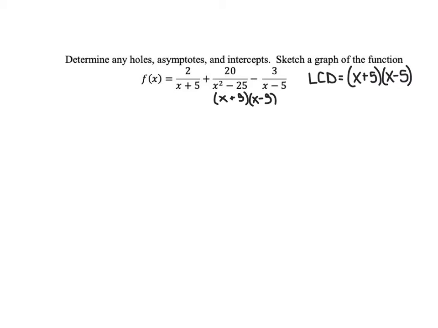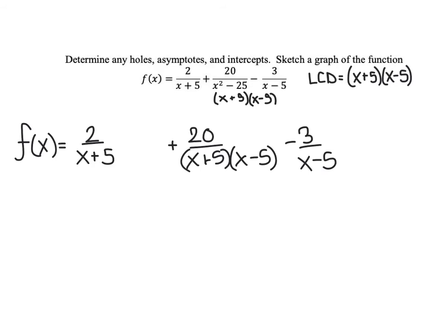So I'm going to rewrite this expression so that I can find a common denominator. The first part of the expression needs to be multiplied by x minus 5 over x minus 5. This middle portion already has the common denominator. This last one needs to be multiplied by x plus 5 over x plus 5.